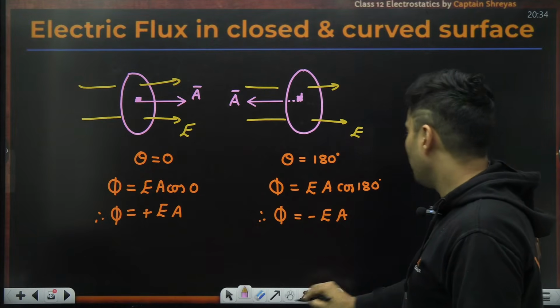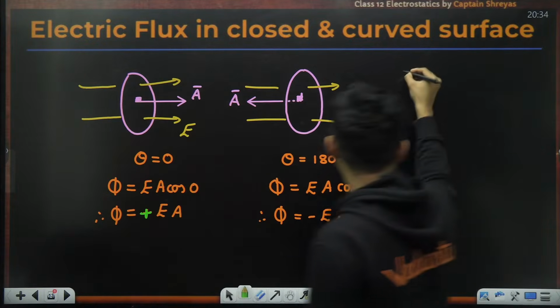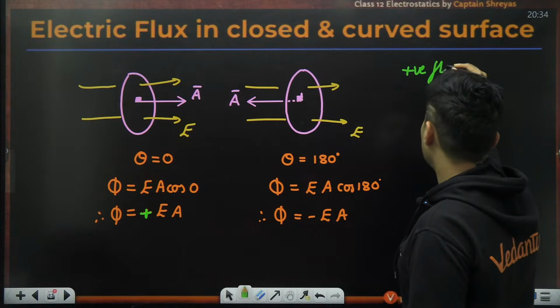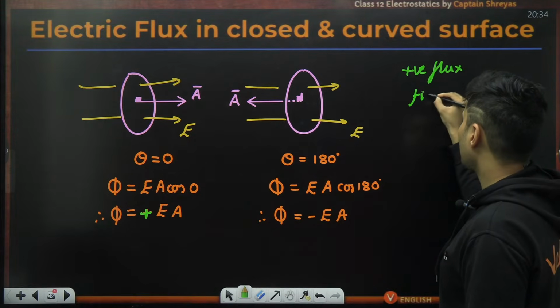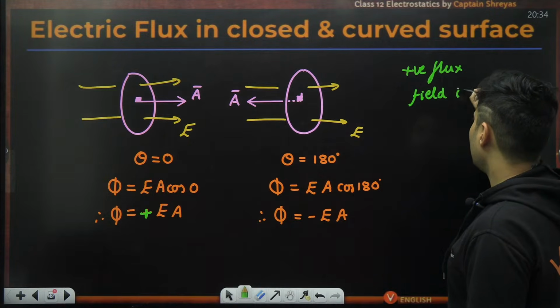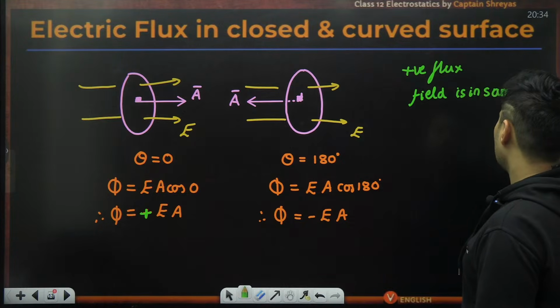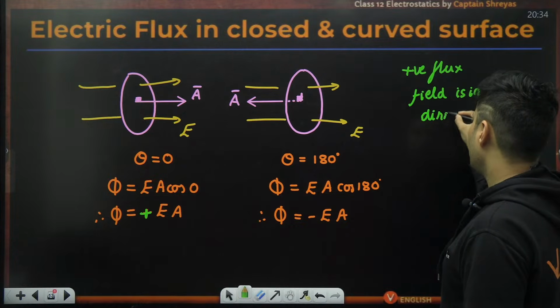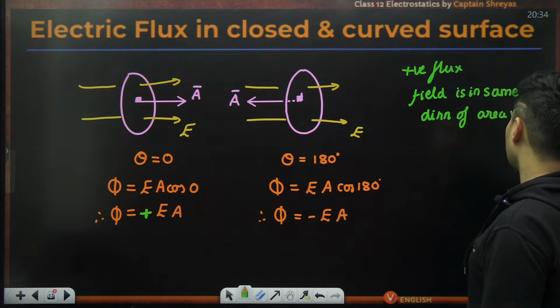Okay. So positive flux means that the field is in the same direction as the area vector.